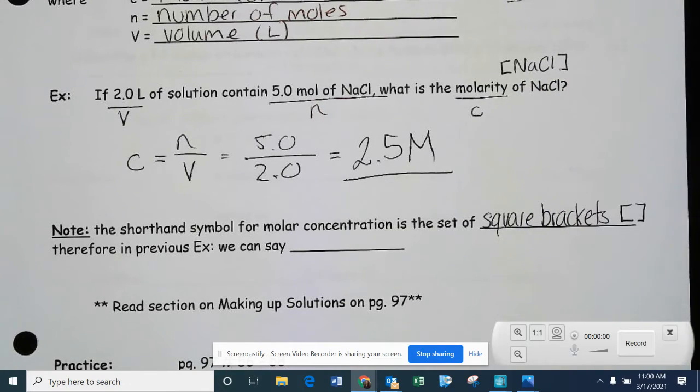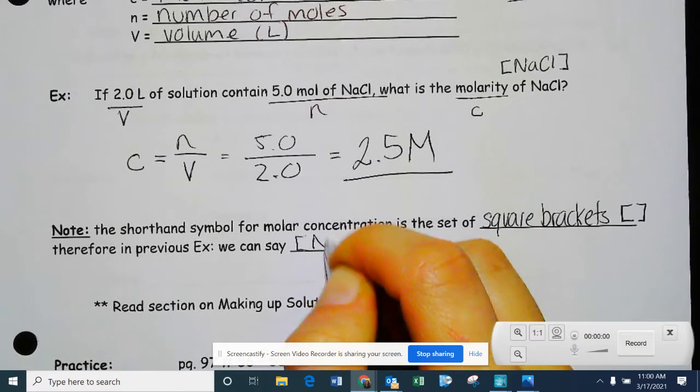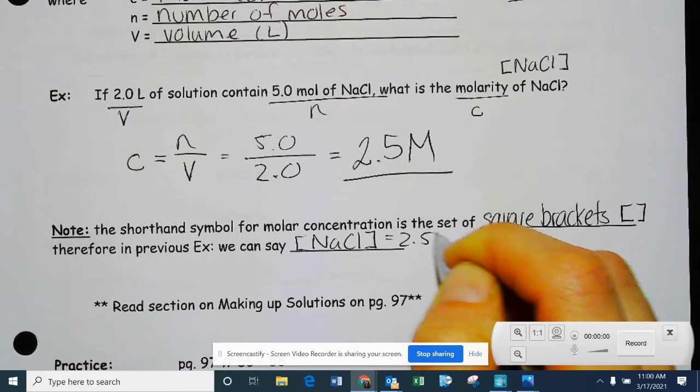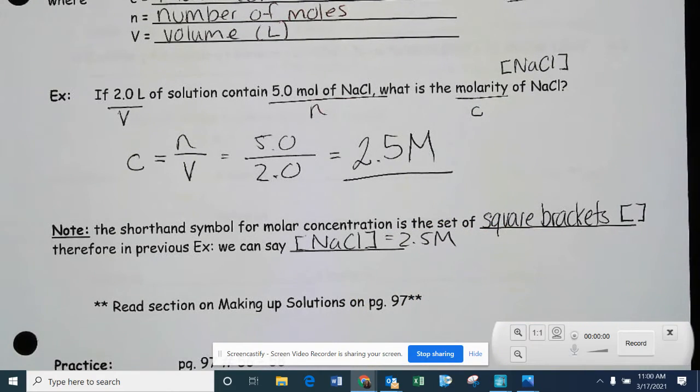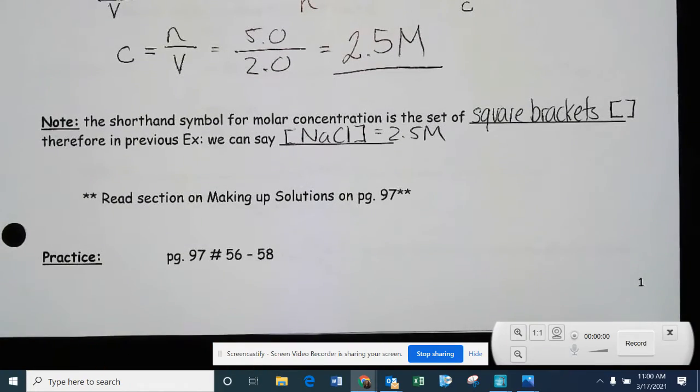That is the same thing. So square brackets, so we can say [NaCl] equals 2.5 molar. Chemists, biologists, physicists, we all like to just shorten things up, make them easier.